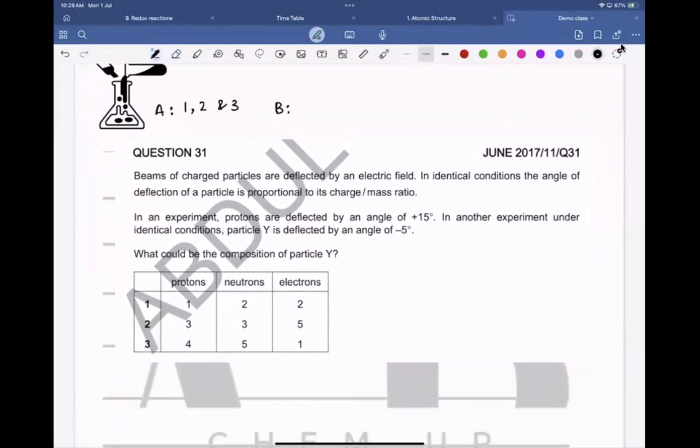And if you choose C, then it means the second and third statements are correct. And if you choose D, it means only the first is correct. So can you try to attempt this? Yes, sir.